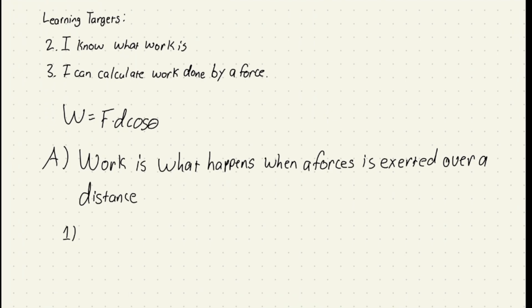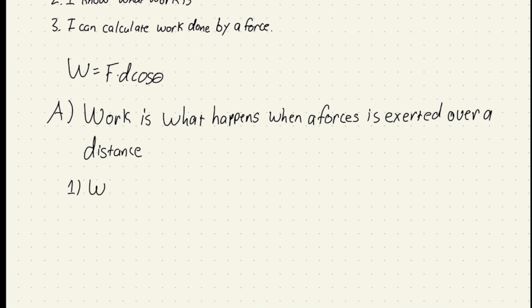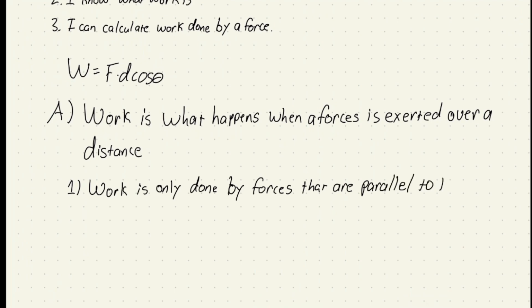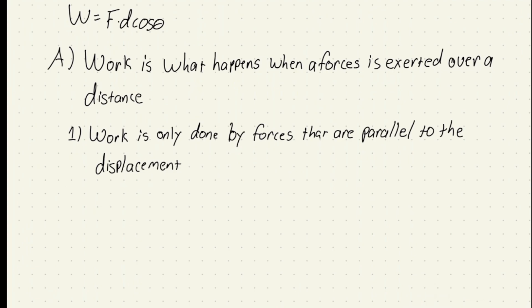All right, if a force is parallel to a displacement, then it will do work. So work is only done by forces that are parallel to the displacement. If a force is exerted and it's perpendicular or normal to a displacement, then it won't do any work at all.